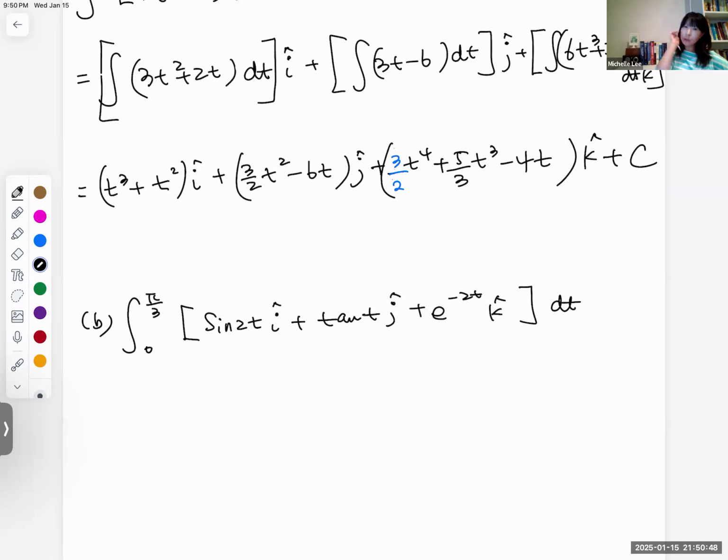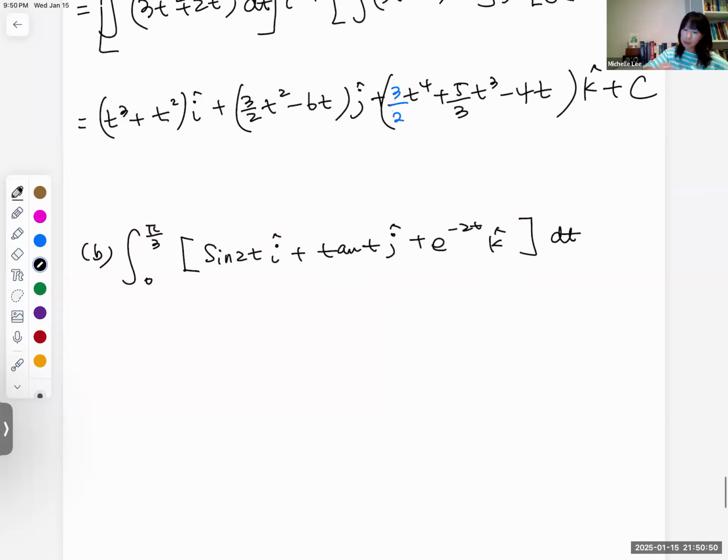All right, so we want to integrate sine 2t dt.